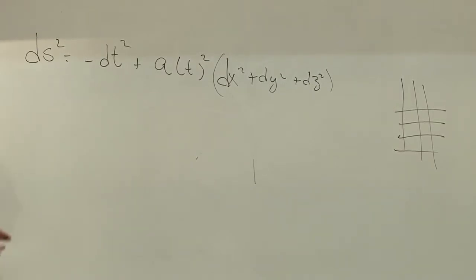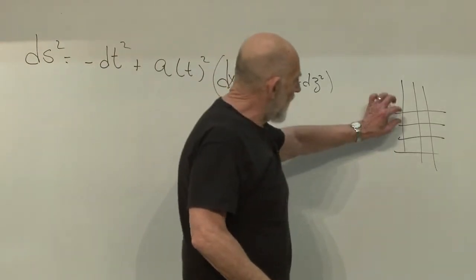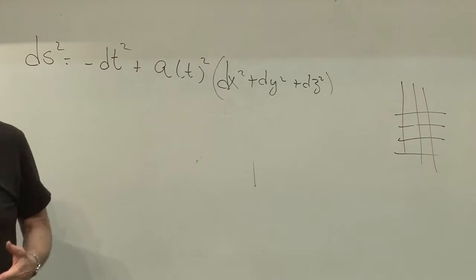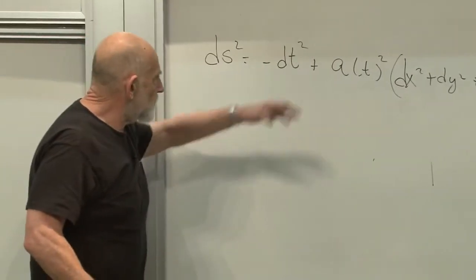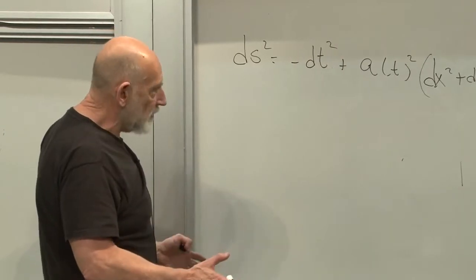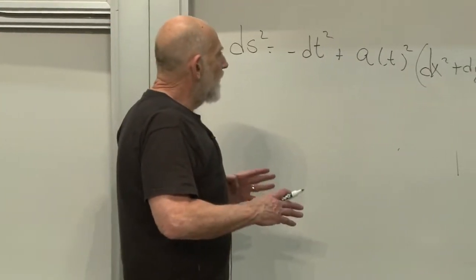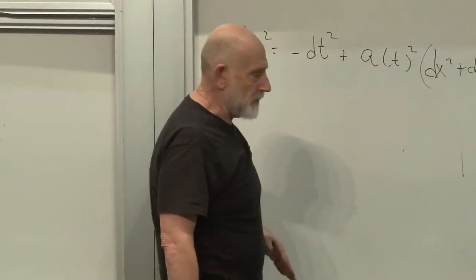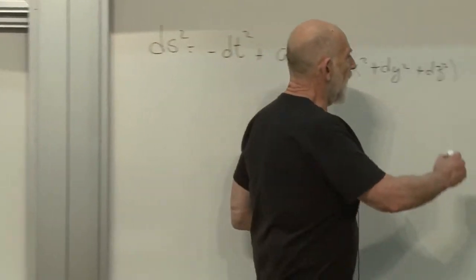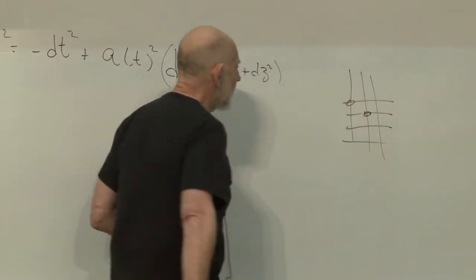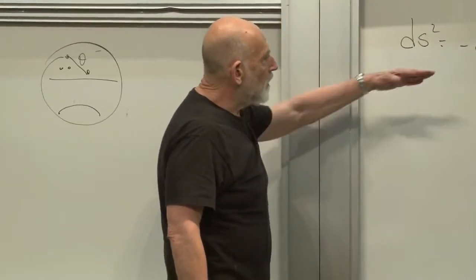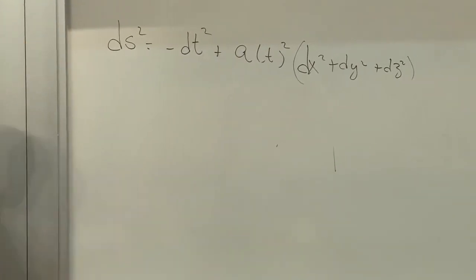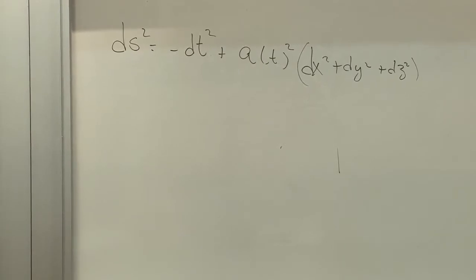But exactly as we studied in Newtonian physics, we can imagine that the distance between neighboring points in the grid is changing as a function of time, like a of t. All right, so this is the space-time geometry. This is the metric of the flat spatial universe with a scale factor which depends on time. Same thing is true if we took 2 galaxies fixed in the grid. The distance between them would increase with a, the velocity would depend on a dot, and the Hubble law would still be true. Okay, that's the flat geometry.